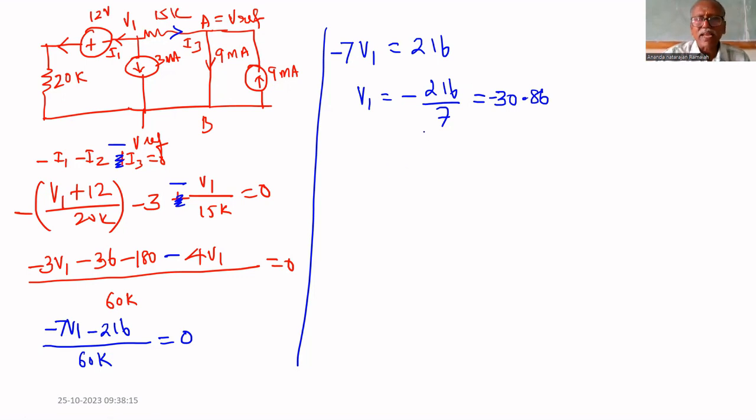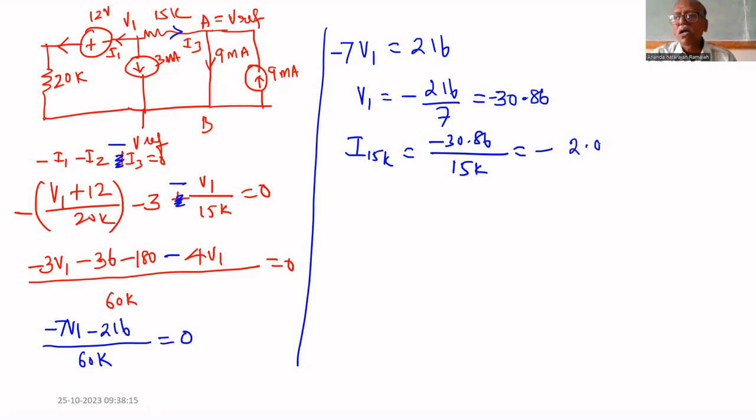Because of this minus sign, what you will get is the current I15K equal to minus 30.86 divided by 15K, equal to how much? Minus 2.06. Okay, so we got this.